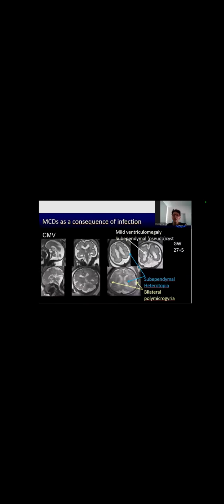The reason is that CMV and also Zika impairs the microvascular endothelium, and so this is also more or less a vascular origin of an MCD. And here we have an example of CMV where you see a combination of subependymal heterotopia with bilateral polymicrogyria, and of course there are also other signs such as pseudocysts of this CMV infection.